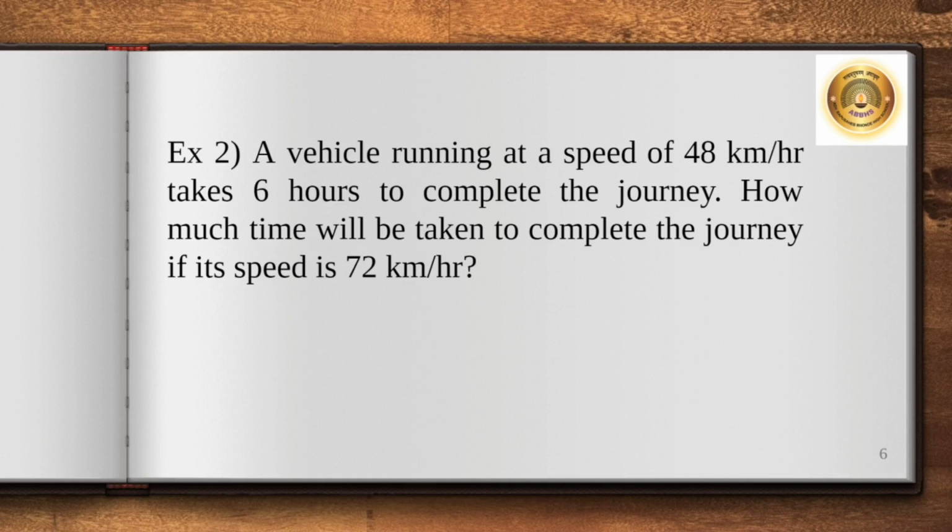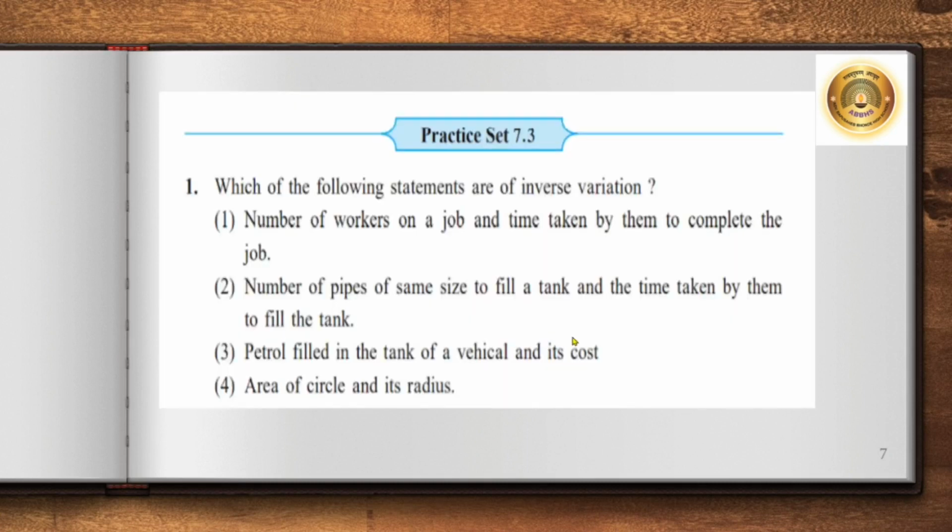Yes, you will take less time to reach the destination. So what kind of a variation is this? Yes, it is an inverse variation. So you can solve the sum using the inverse variation method. The solution is given in the textbook. Please refer to that. Now let's take practice set 7.3.